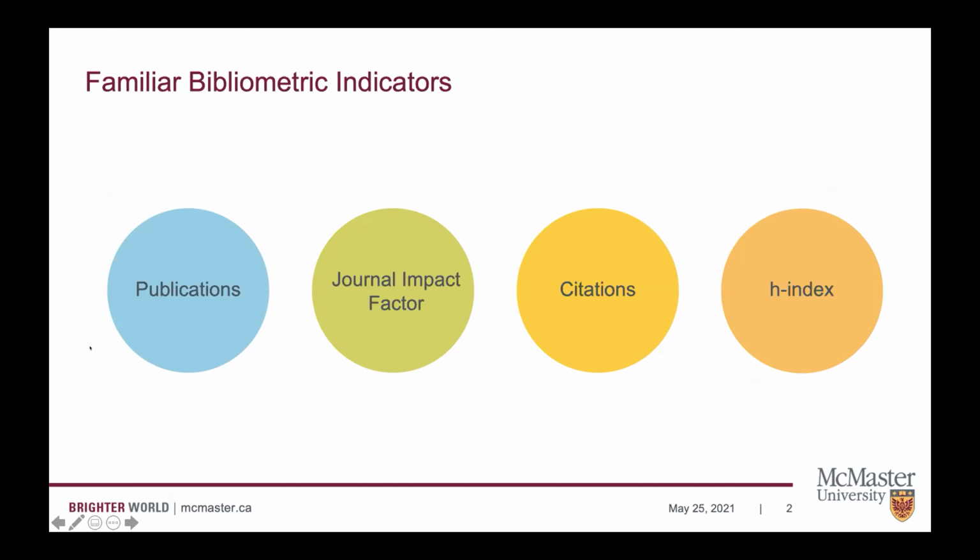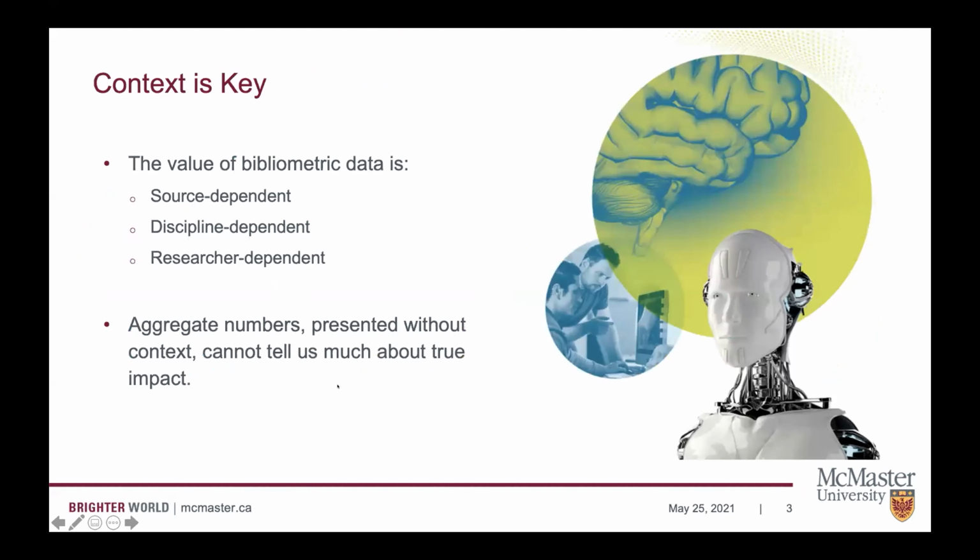Each of them has their own use cases, but as you can see, they each have their own drawbacks as well. And these drawbacks are underlined even further when we consider these sorts of numbers outside of context, when we just present raw data, like an H-index without context. It can't really tell us very much because bibliometric data is really dependent on a number of elements.